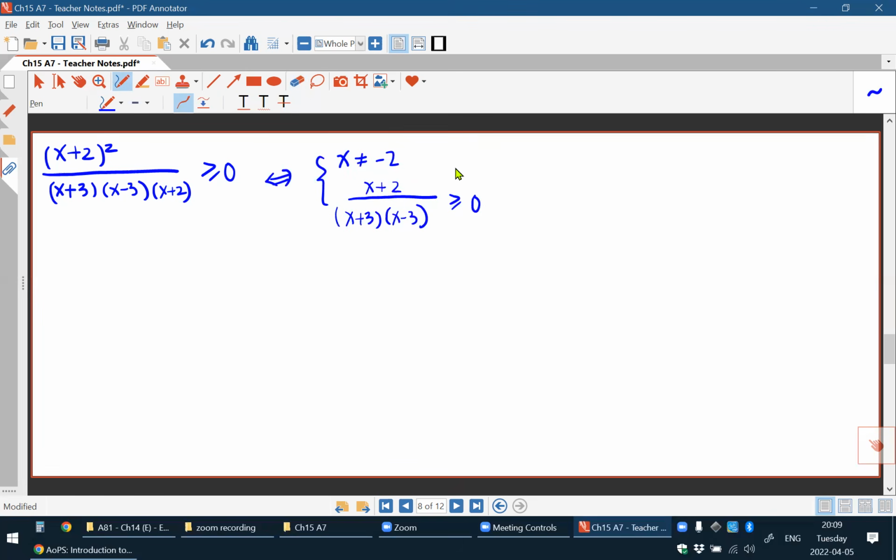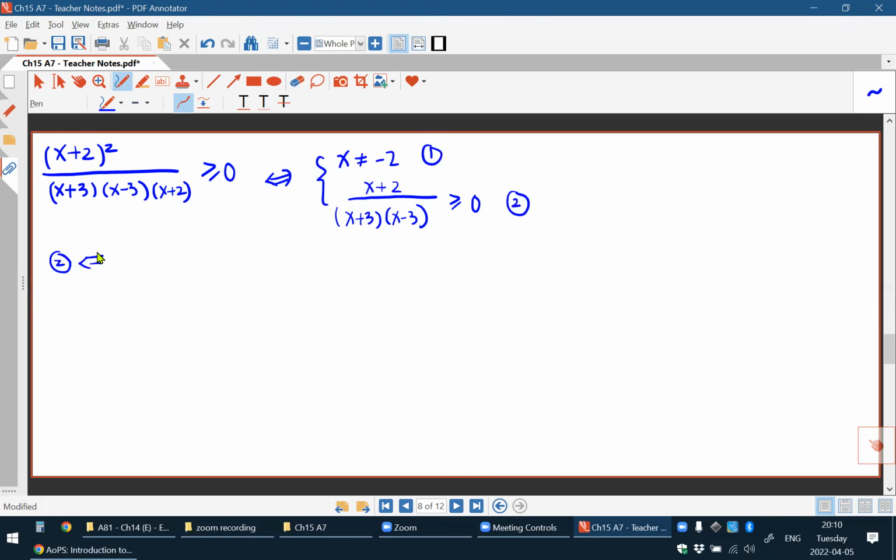All right, so our task is to solve this inequality now. Let's call this 1 and this 2. And luckily, we already know how to solve number 2 here, right? Basically, you have a ratio that is greater than or equal to 0. If you have some ratio that is greater than or equal to 0, we need to detach it into 2 different questions, right?